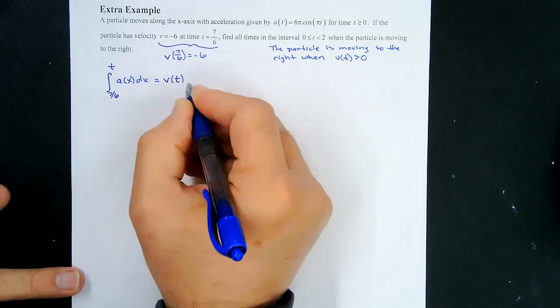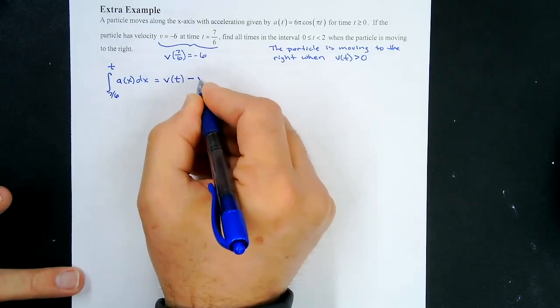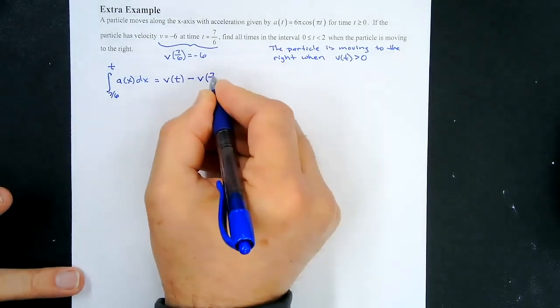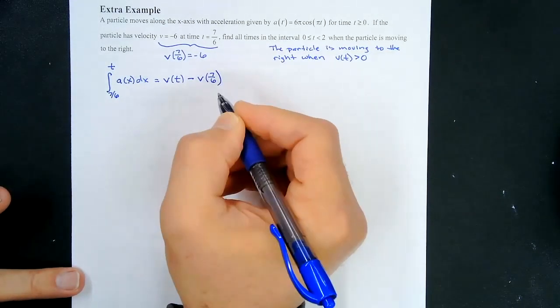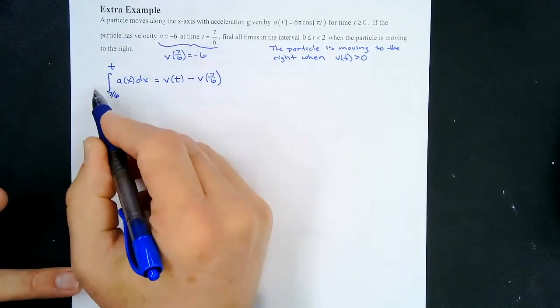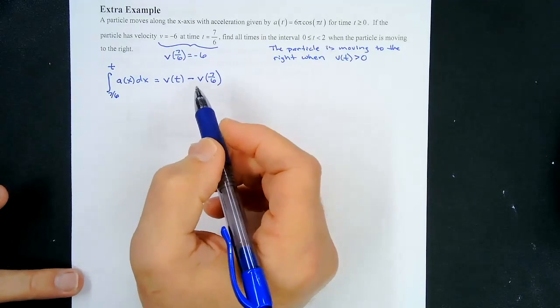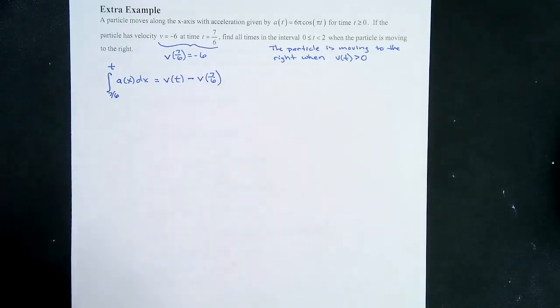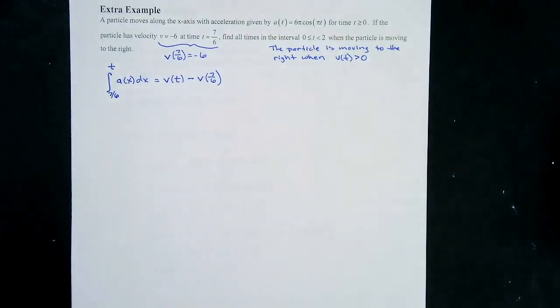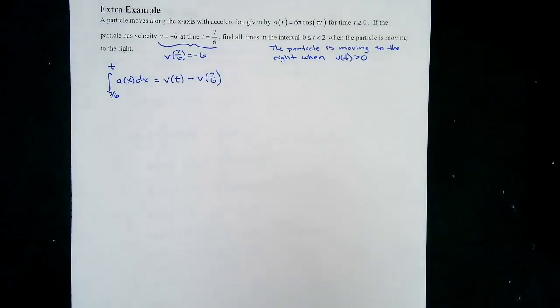That's our velocity function, minus v of 7/6. So if we add the v of 7/6 over here, we have the velocity function, okay? It's not written in a nice format that we can do things with, but it is there, okay?